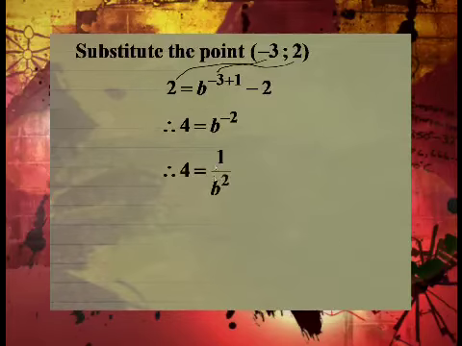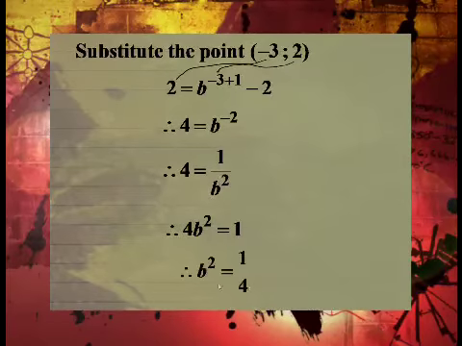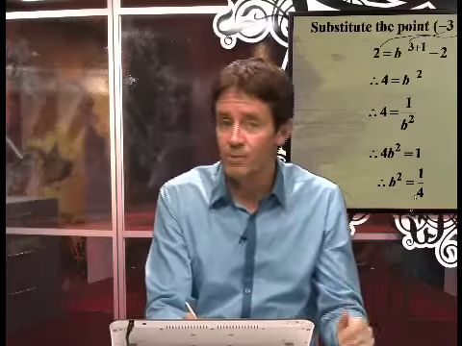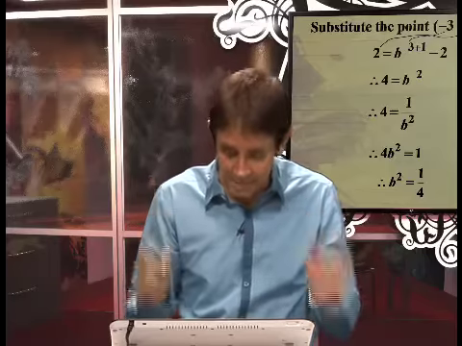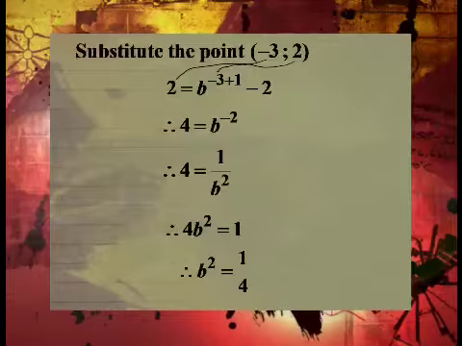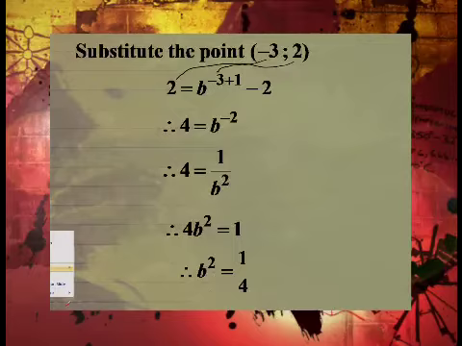We've got 1 over b squared is equal to 4, cross multiply, get the LCD, and then b squared is 1 over 4. Now, the other important thing, Matrix, you'll remember from exponential graphs, is that the value of b can never be negative. There's always restrictions on it. We can say very simply, 4b squared minus 1 equals 0.